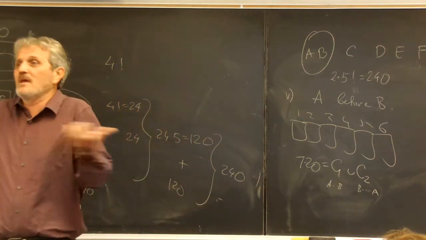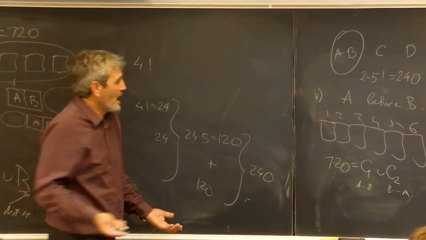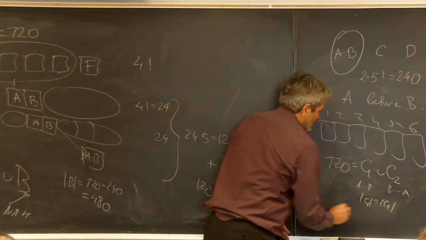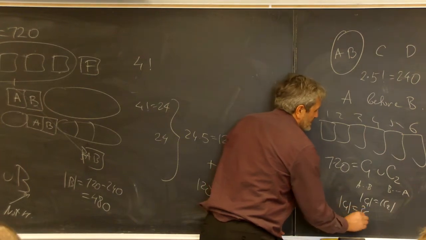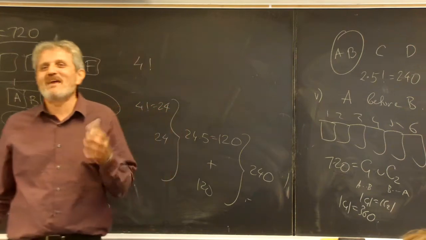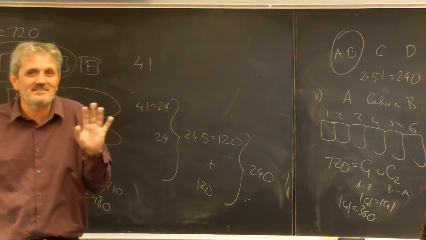Because if I flip A and B, it should be the same count, agree? And there is no overlap, so those two must be the same because of the symmetry. So each of them is what? 300. When you make a solution like this, you are never sure if you forgot something important. This is legally fine.